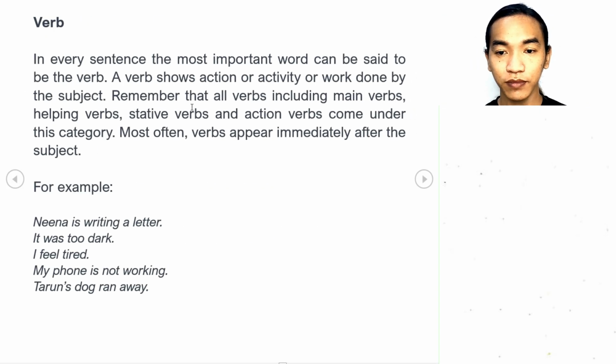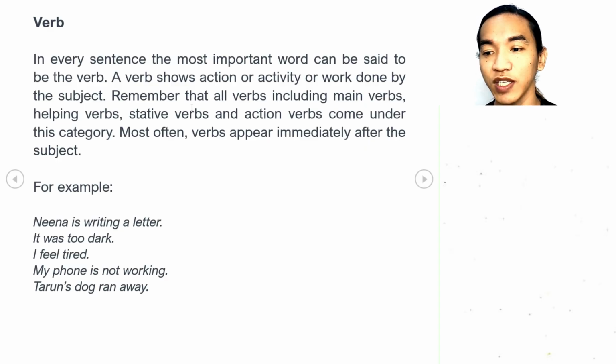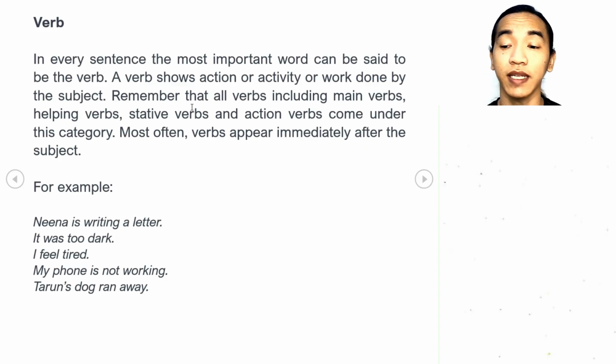Okay? Next one here, we have the verb. Of course, in every sentence, the most important word can be said to be the verb, okay? A verb shows action or activity or work done by the subject. So remember that all verbs, including your main verbs, helping verbs, dative verbs, action verbs, come under this category. Okay?